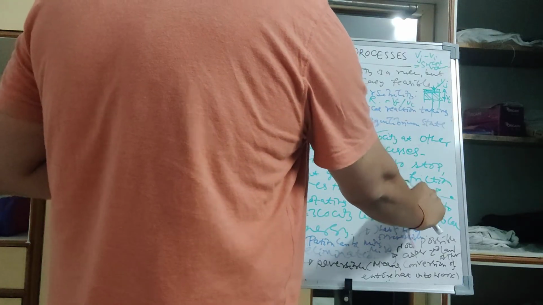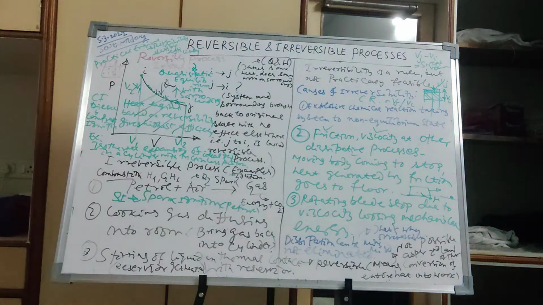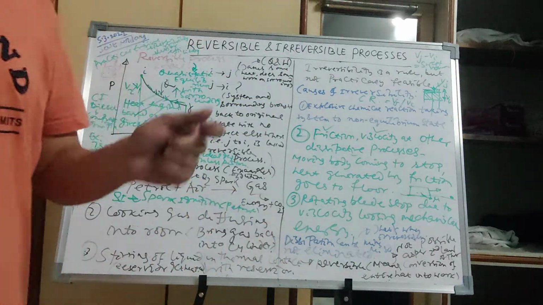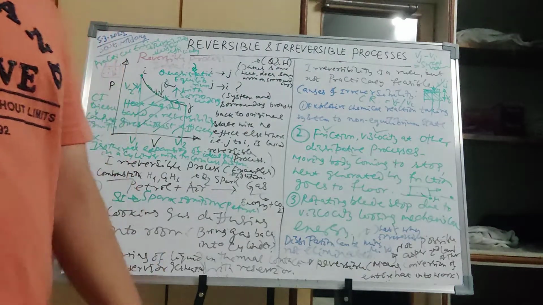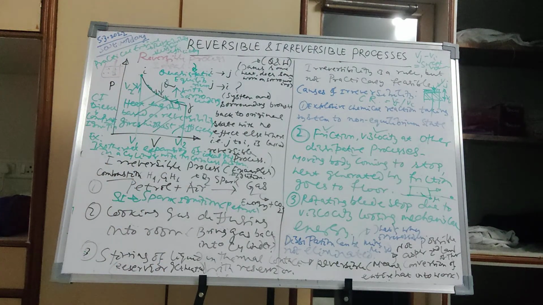When it stops, the kinetic energy of the body becomes zero and gets converted into heat energy, and that heat goes to the floor. Work can become heat, but heat cannot become work completely, 100%. That is one reason behind irreversibility.